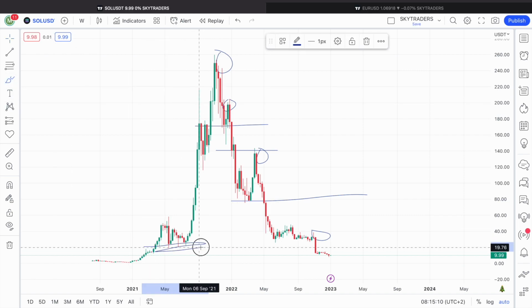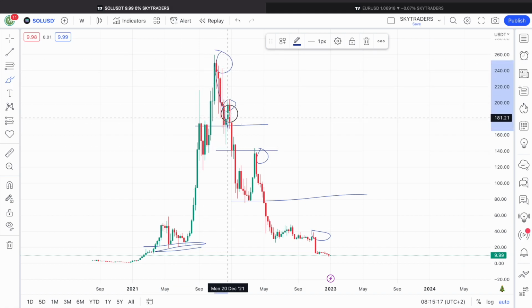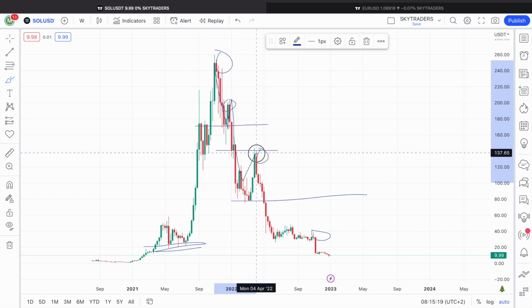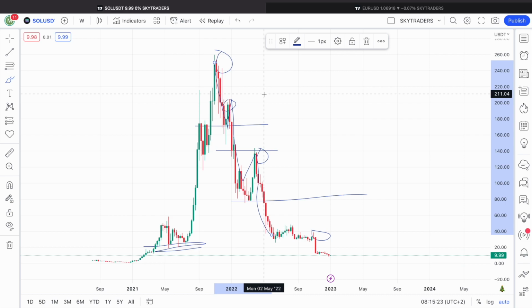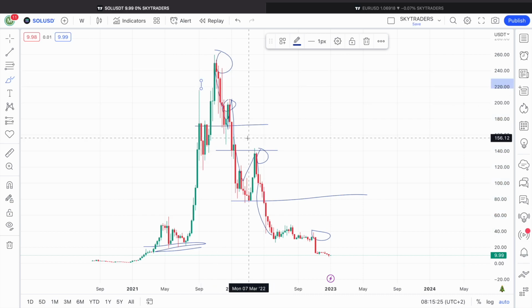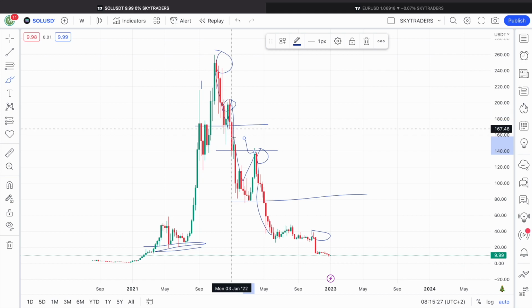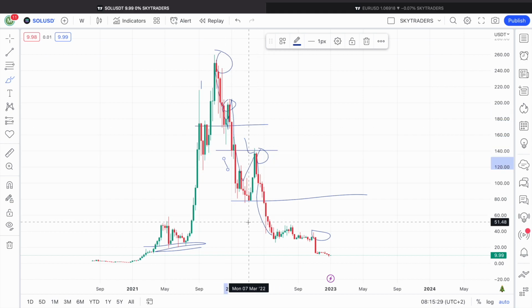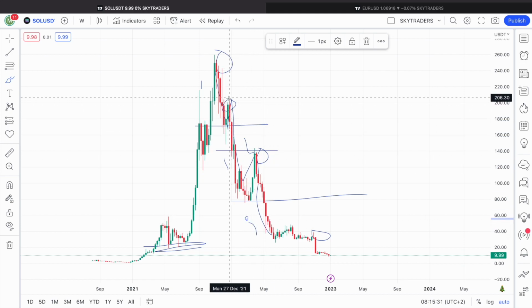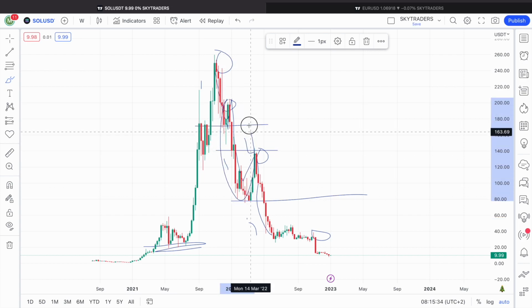This was the impulsive wave from the start of Solana, and now we're doing the corrective wave. We have expansion, retracement, expansion, retracement, expansion. So you can consider this as wave 1, this is wave 2, this is wave 3, this 4 and this 5. And as you can see, the longest wave is wave 3, because it usually is.